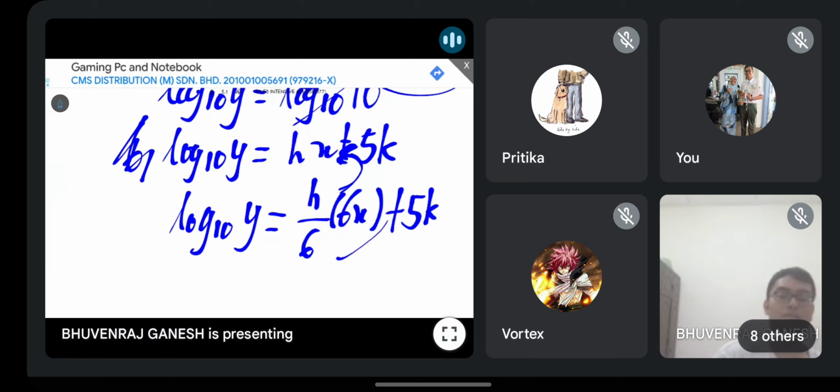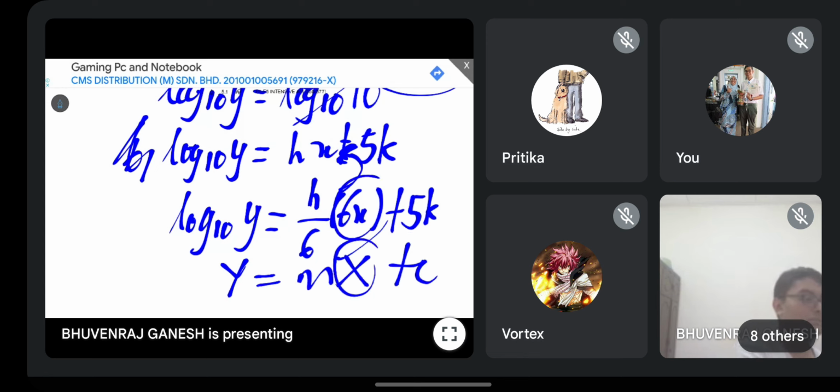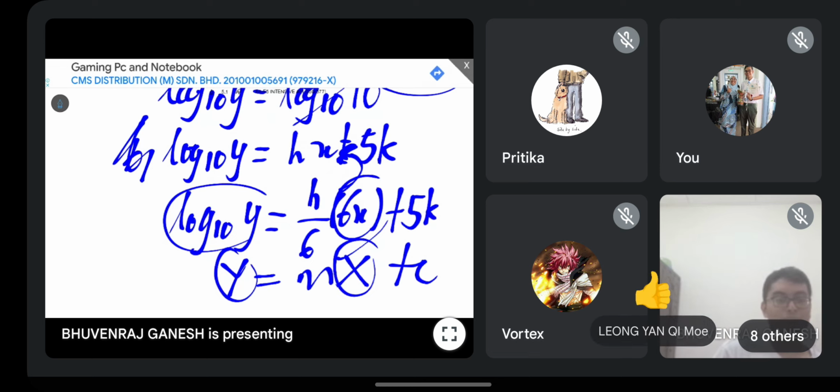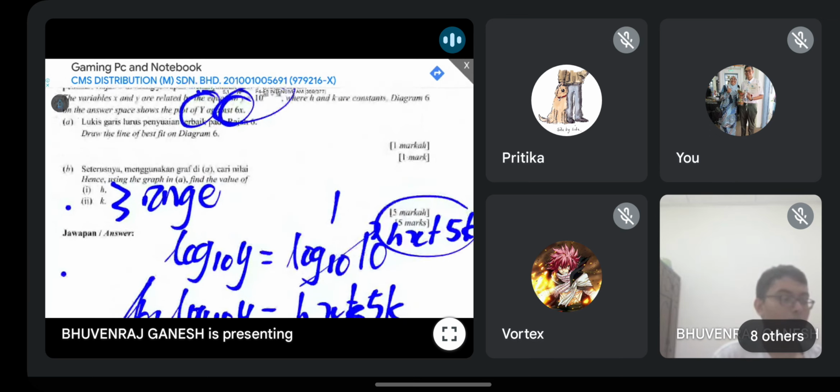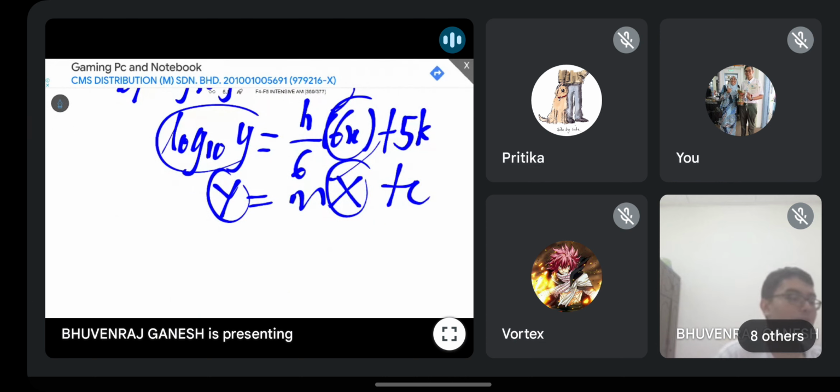Means it's valid lah, this method. Okay, y equal to mx plus c. X is 6x. Y is my log 10 y. Okay guys, clear? Everyone good on this? Can understand? So this one a bit tricky lah. You must think a bit how to go from the second last to the last step. Okay, so now I think finding h and k no problem lah guys.